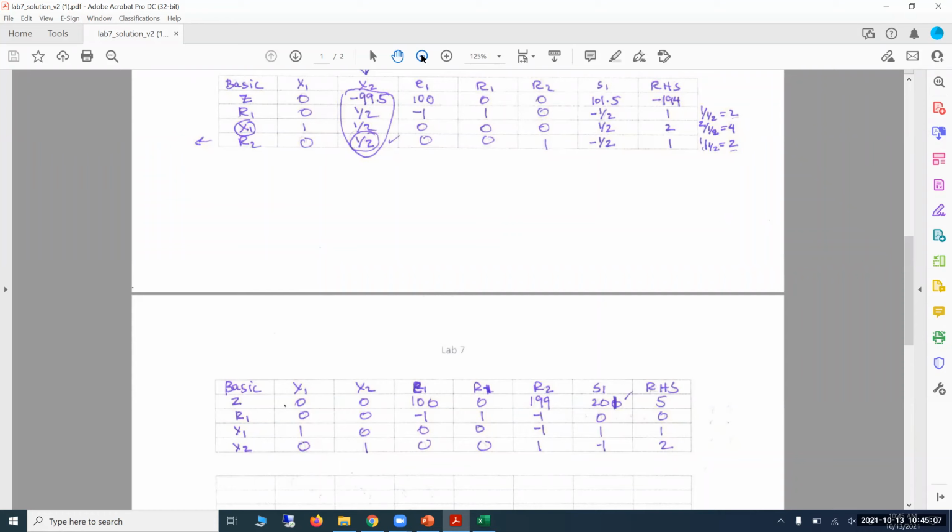Because to get rid of this, I need to multiply this row by 99.5 and then add it to this one. But when I do that, I get negative 199, and then I add that to 100, and I get negative 99 here.